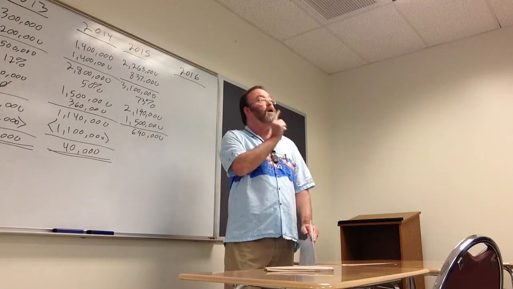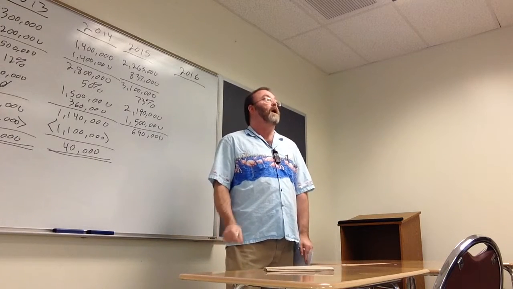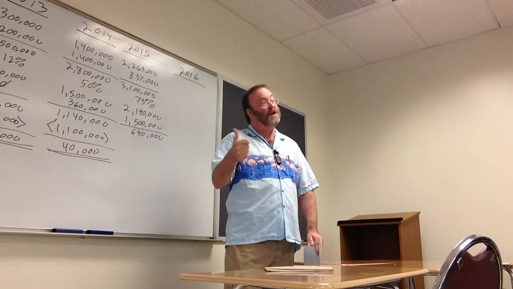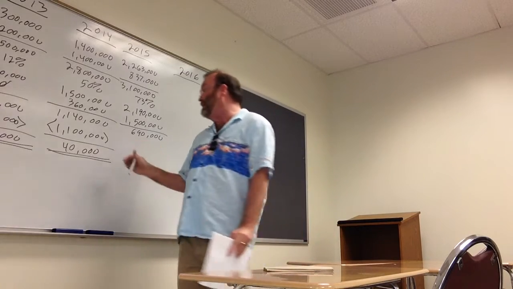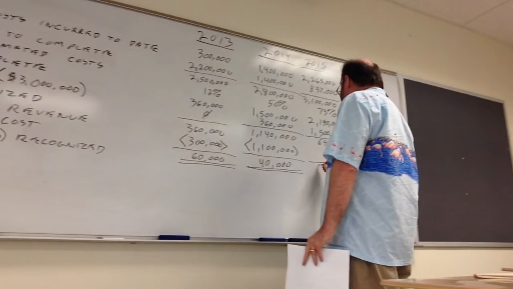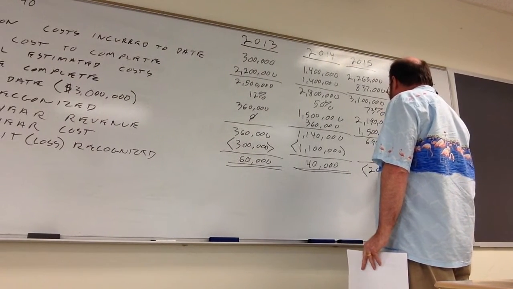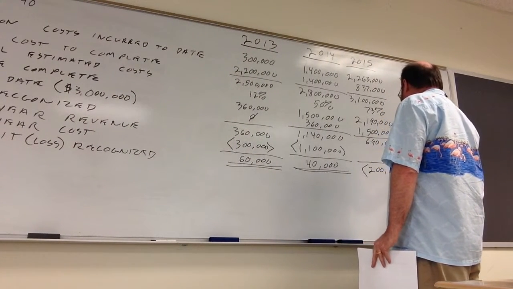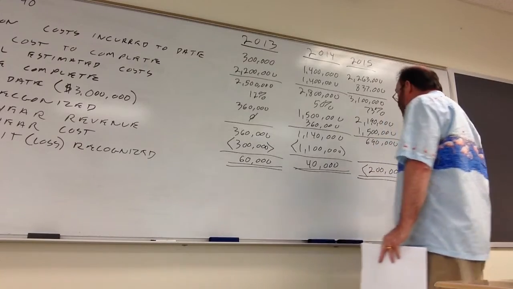So we know now we're going to lose how much money? $100,000. How much have we taken already in profit in prior years? So what needs to happen here is we need a $200,000 loss in 2015.